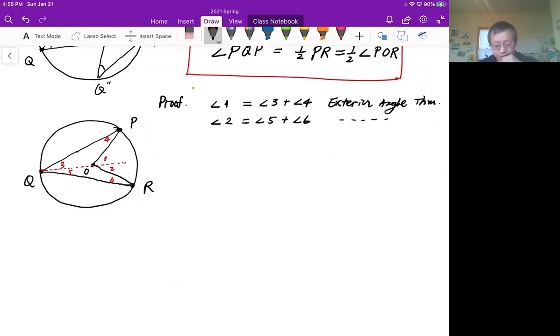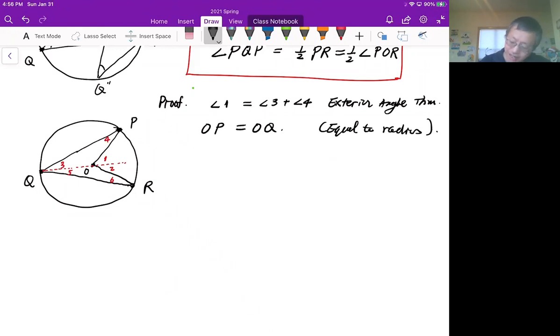If I add them together, wait a second, let me first finish the first one here. Now I claim that angle 3 and angle 4 are the same. Why do angle 3 and angle 4 have the same measure? This is because OP equals OQ. They are all equal to the radius of the circle.